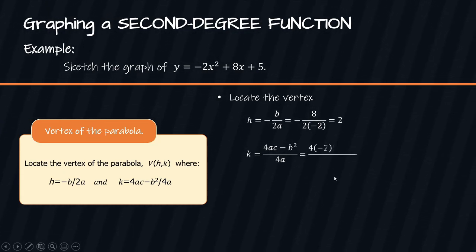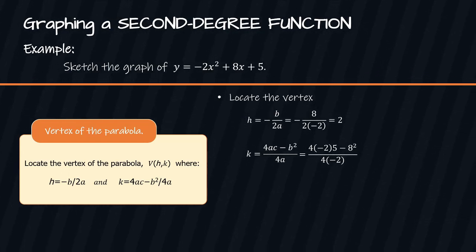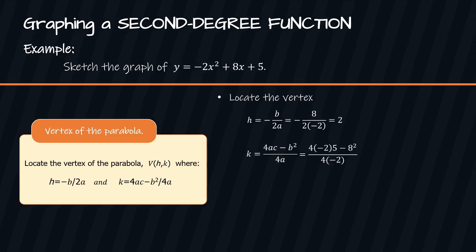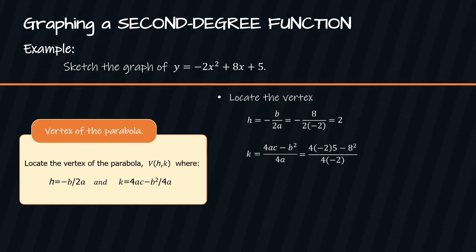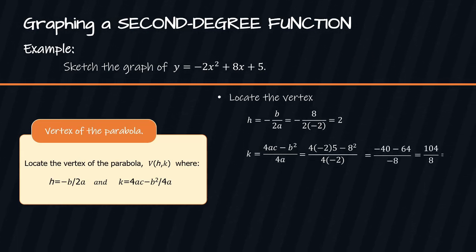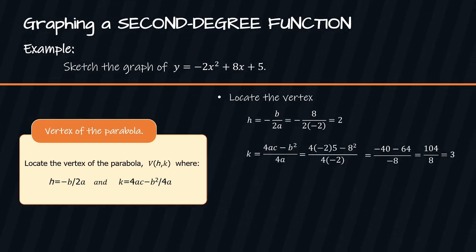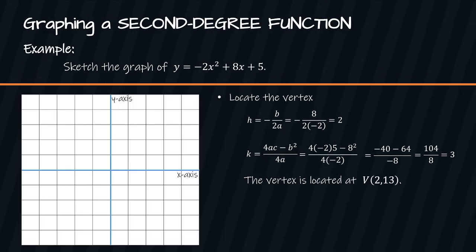Substituting the values, we have 4 times negative 2 times 5 minus 8 squared over 4 times negative 2. Simplifying, k is equal to 3. Therefore, we've got the coordinate of the vertex, which is 2, 13.